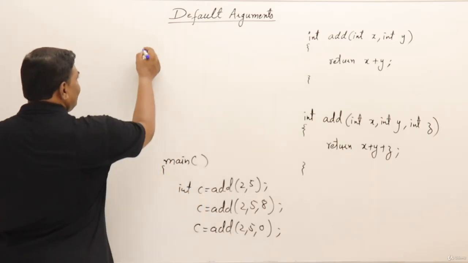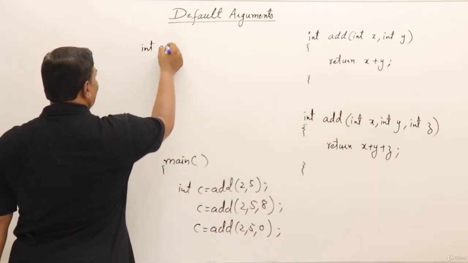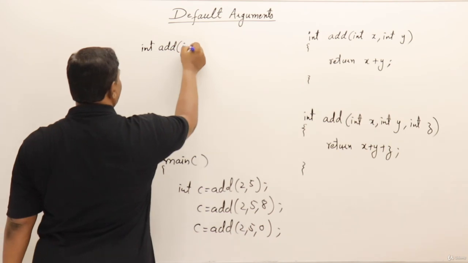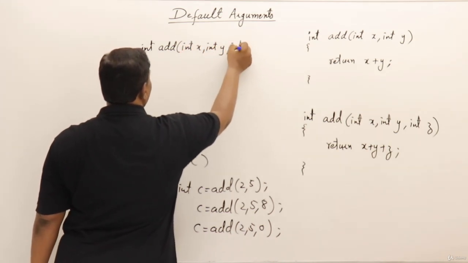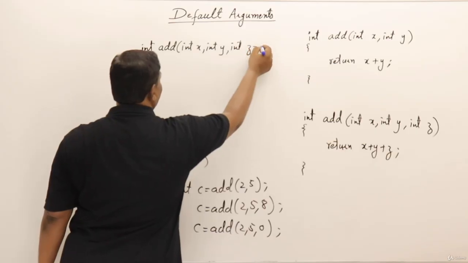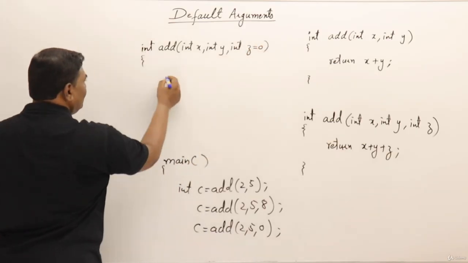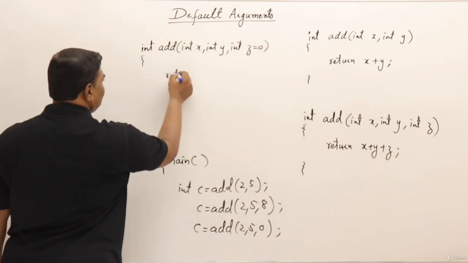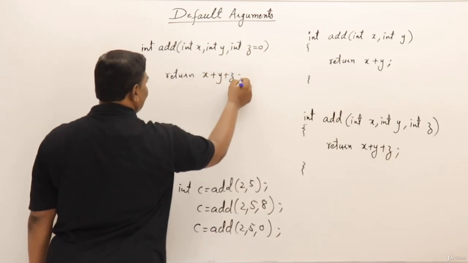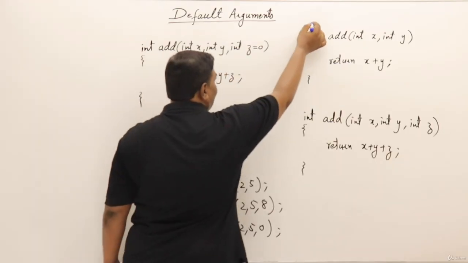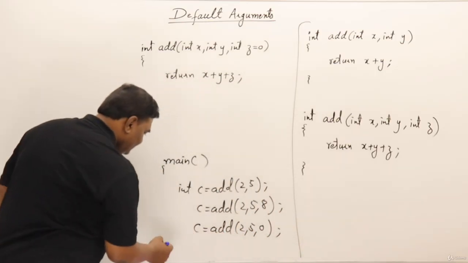Let us see. Integer add, int x, int y, int z assigned with 0, and return x plus y plus z. Now imagine I don't have these other functions.